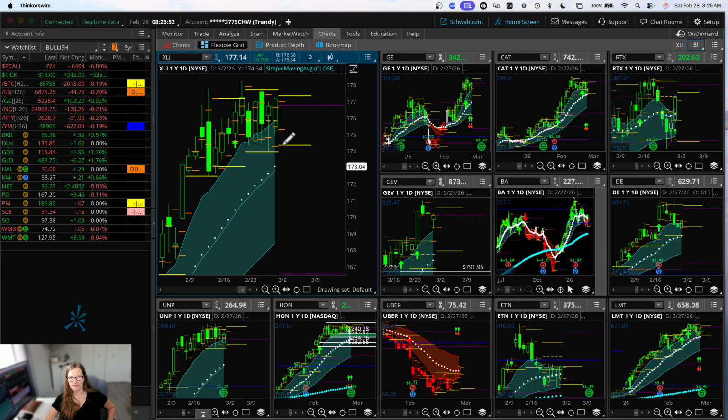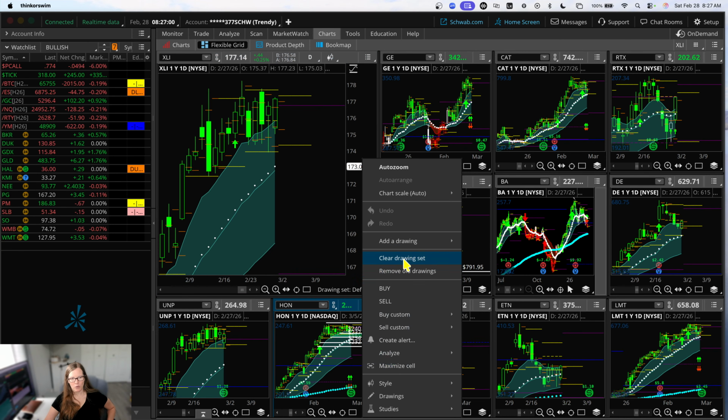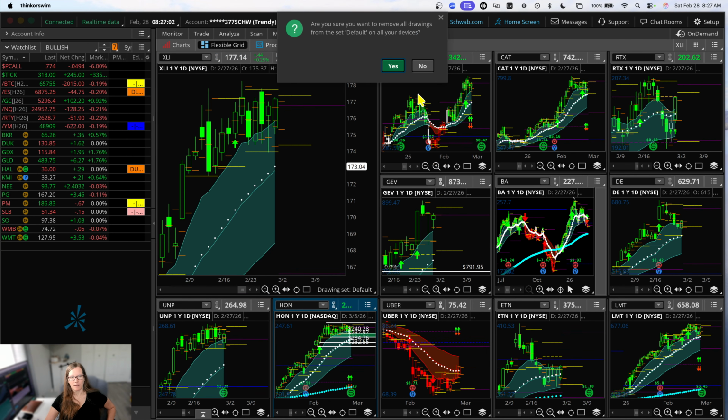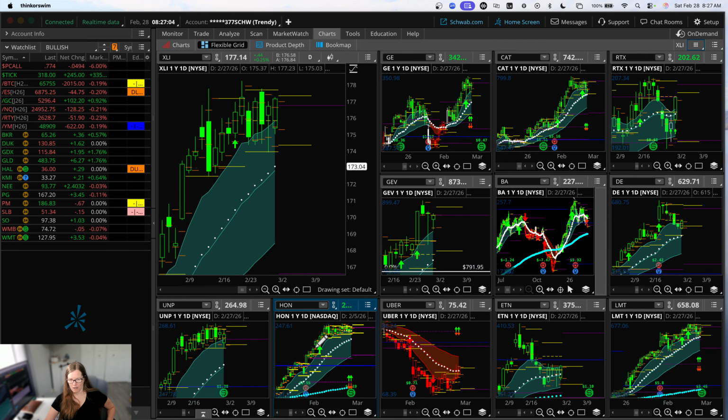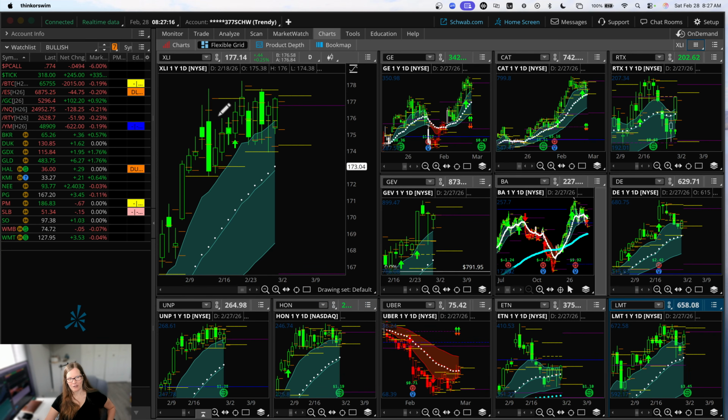It is an area that is a good candidate to go long from. Just pick the names that look good to you here on the different windows here. You can see the UNP, so Union Pacific, Honeywell. You notice how they just look like the overall sector chart.